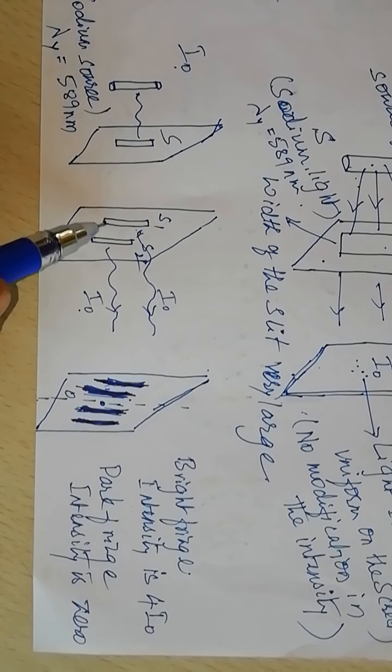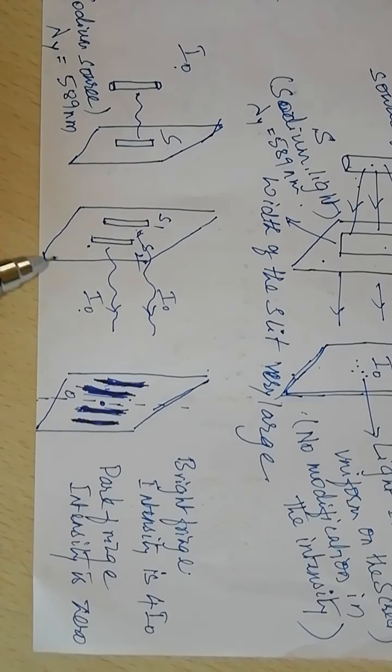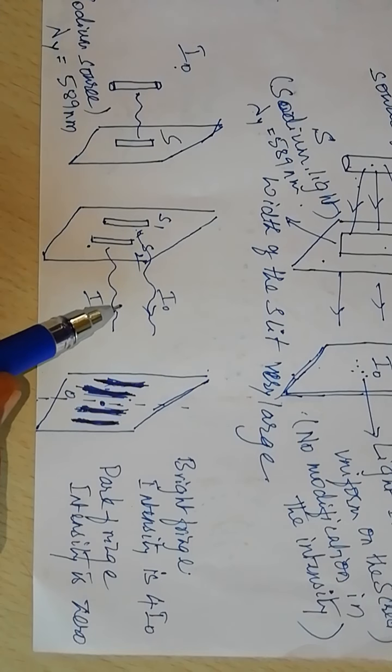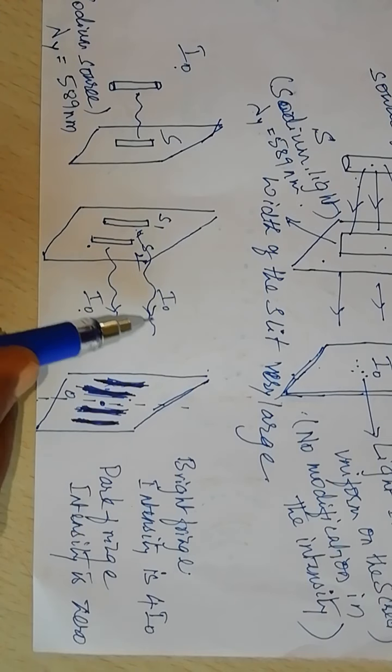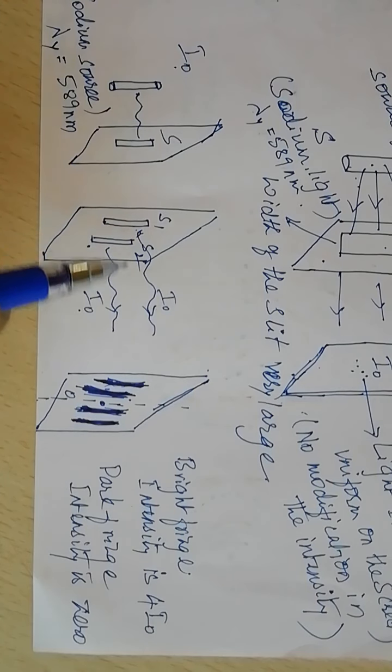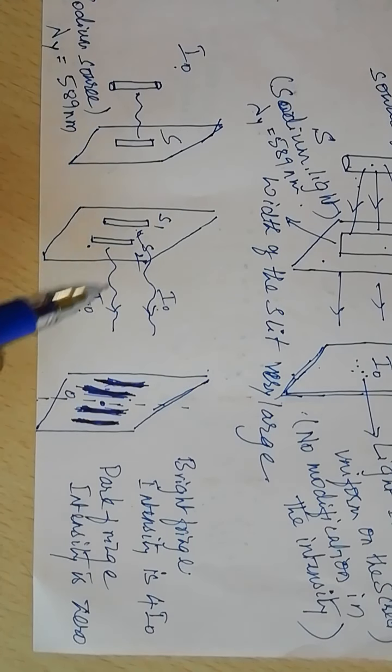Since the width of both the slits is the same, the intensity of light transmitted through both S1 and S2 is the same. The amplitudes of the waves are also the same. The speed of the wave, frequency of the wave and amplitudes are the same, traveling nearly in the same direction. Then the intensity of the light coming from both S1 and S2 is the same, that is I naught.